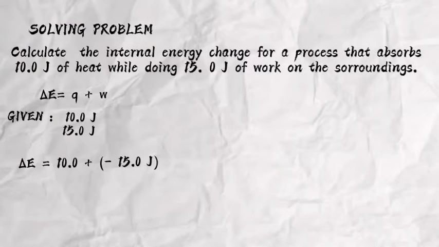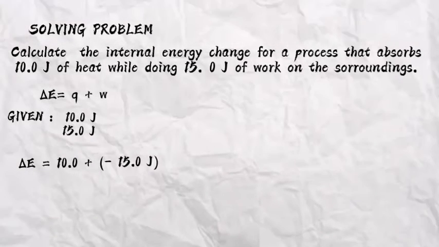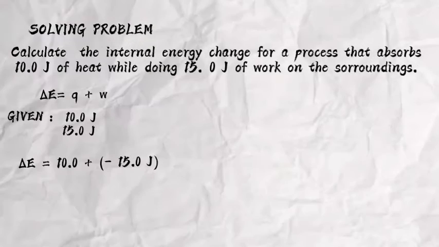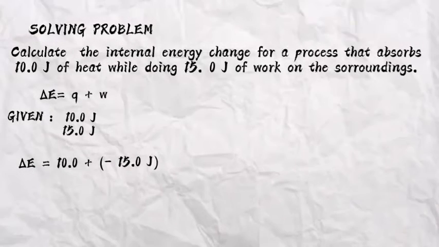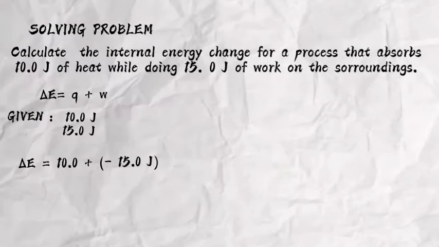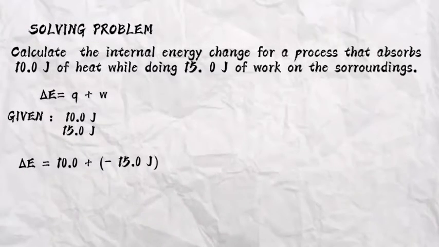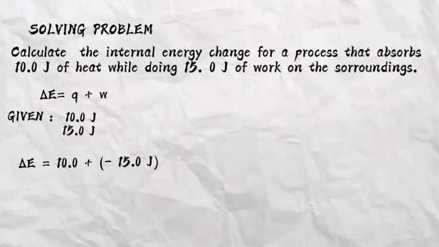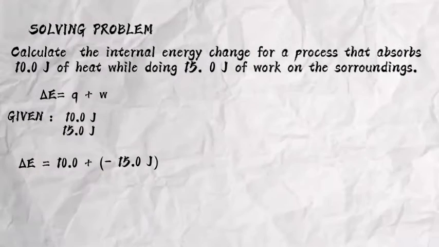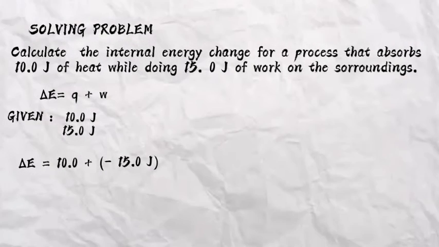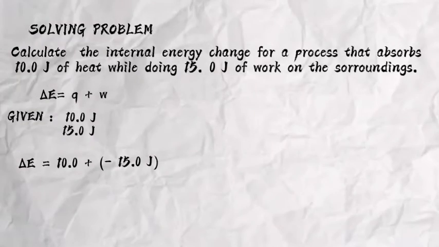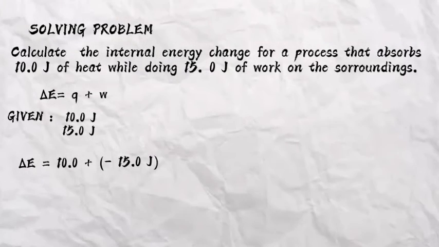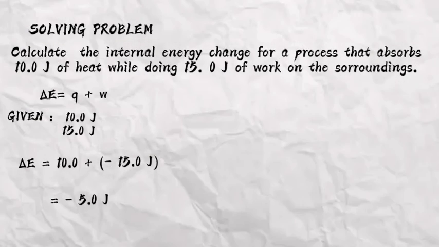We have 15.0 joules of work that is done on the surroundings. Since the work is done on the surroundings, which means it is done by the system, it is considered negative. So we have 10.0 joules plus negative 15.0 joules. When we calculate this, we get the result negative 5.0 joules.